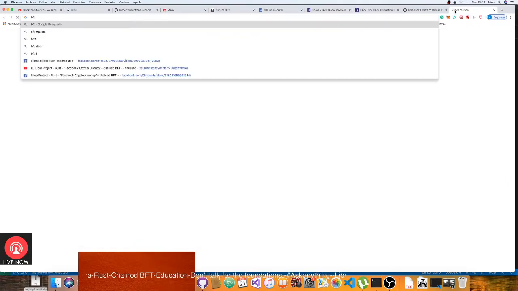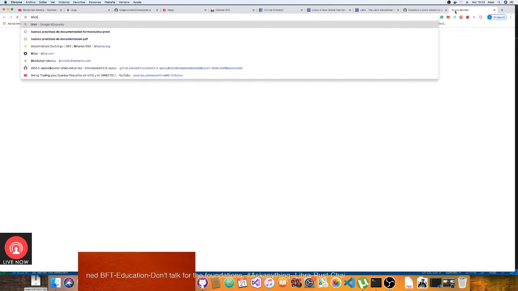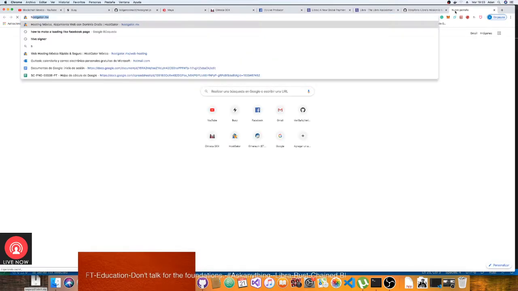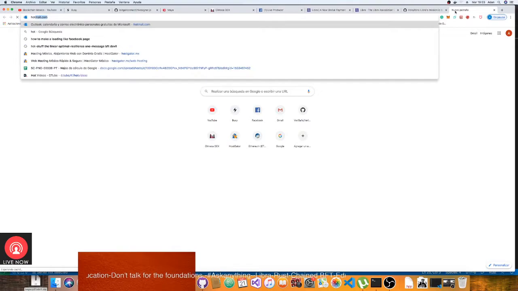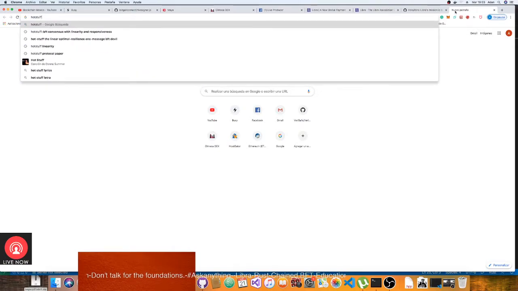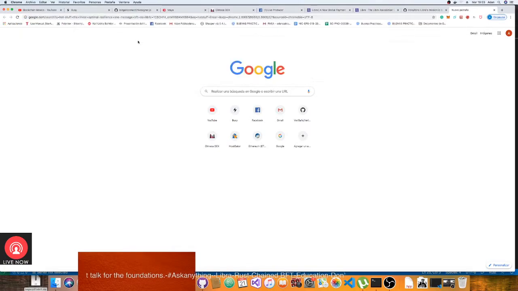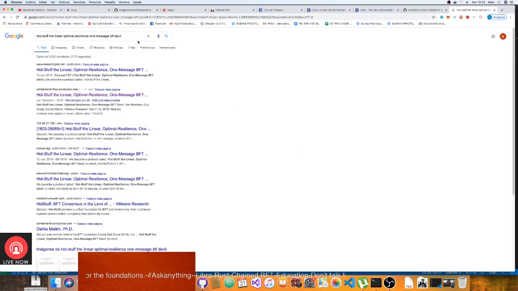So we have here the first BFT protocol, that is called the HotStuff-based BFT.